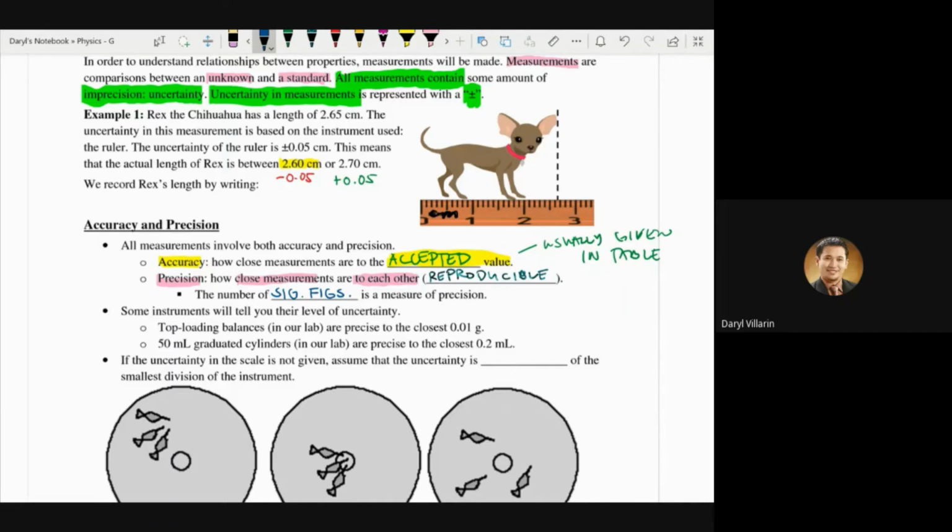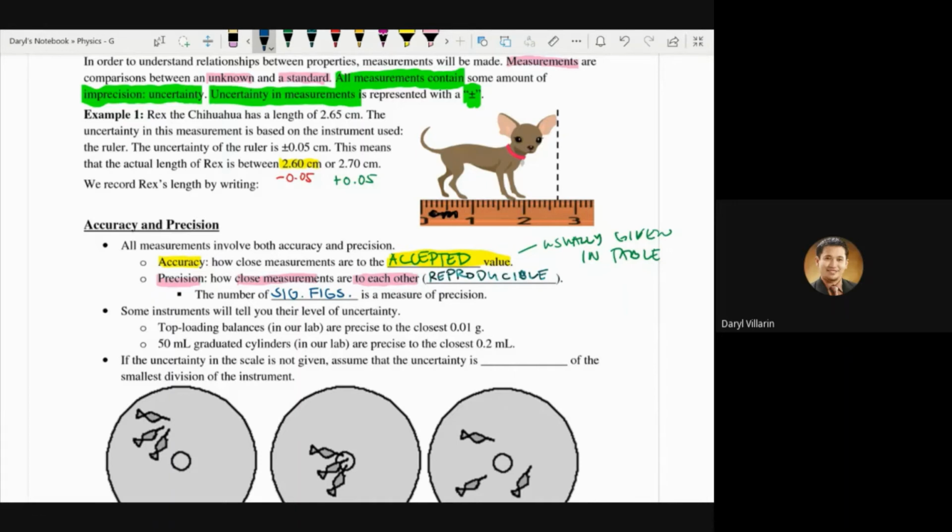Precision is just talking about the measurement. You try to compare it with one another. If it gives you the same value, you could say that that is precise. Same thing with a thermometer, for example.